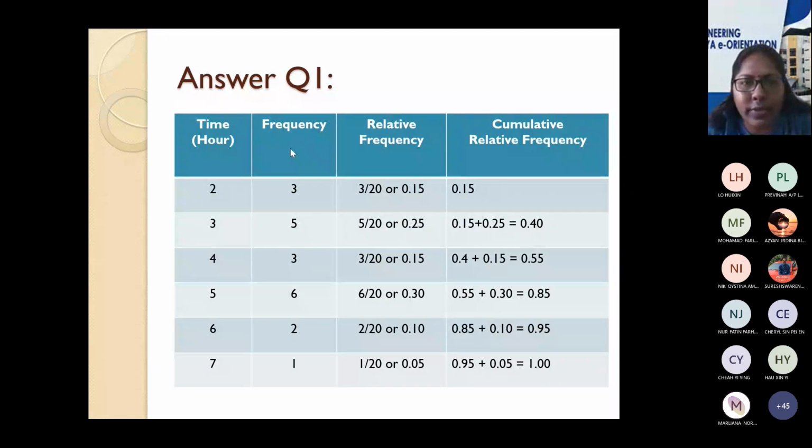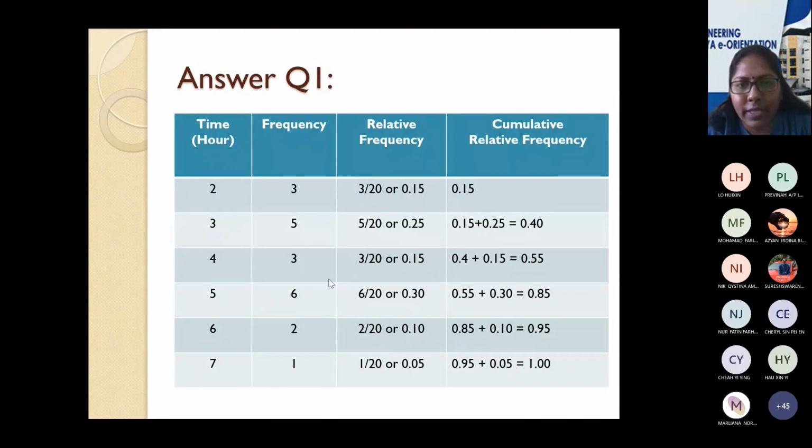When you have frequency, for each parameter you have a frequency. Relative frequency is for each parameter relative to the total number of frequencies involved. Then cumulative is where you add up this relative frequency every time, so it should reach 1 at the end.